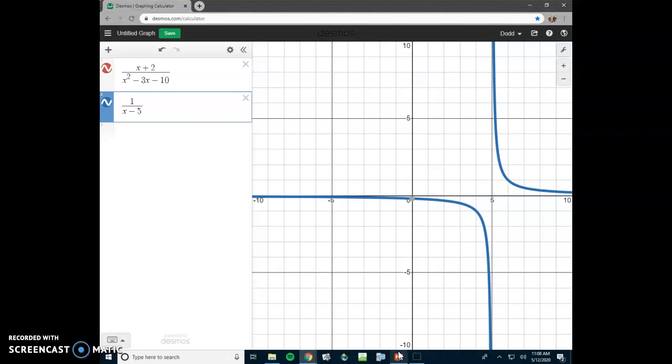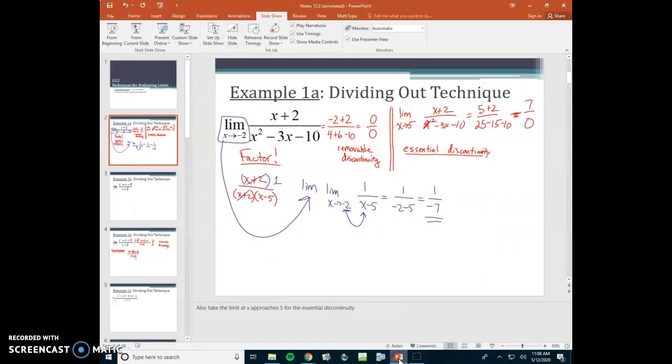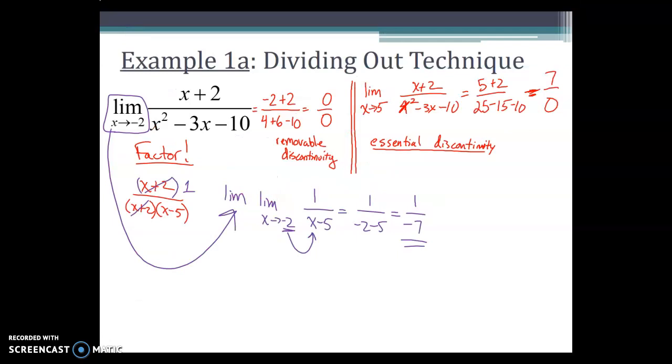This function is identical in every way to the red function, the original one, except the blue function is defined when x is equal to negative 2, where the red one was not. So the key to the dividing out technique is going to be factoring and canceling terms. Hint, the one that makes the 0 on top and bottom is going to be the one you're going to want to divide out.